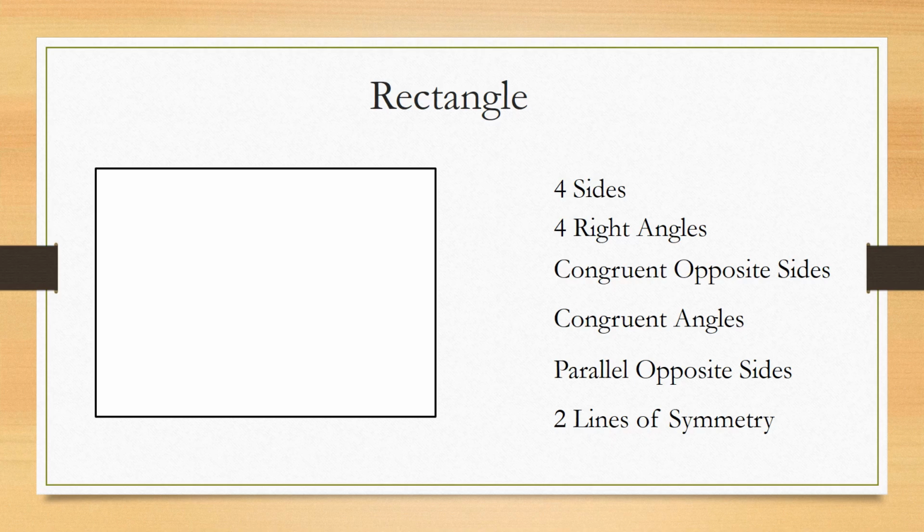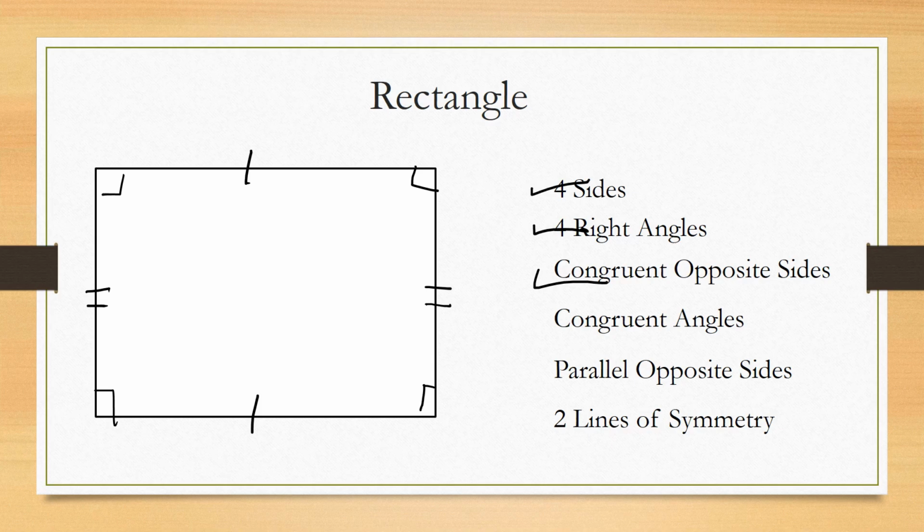Let's look at the rectangle. The rectangle has 4 sides, 4 right angles. One here, one here, one here, one here. The opposite sides are congruent to each other. This side is congruent to this side, and this side here is congruent to this side.